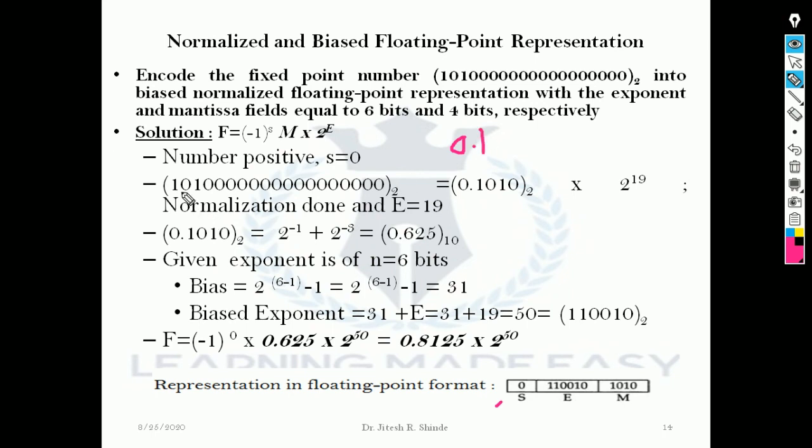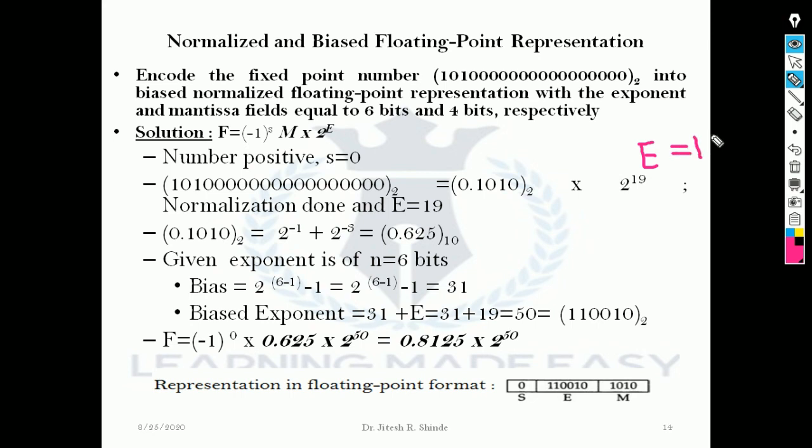So shift this by an appropriate number of bits towards the right-hand side. The answer we get is 0.1010 to the base 2 into 2 to the power 19. How many bits are allocated for the mantissa? 4 bits, so these 4 bits are copied here in the mantissa part. So the sign bit and mantissa are written. Now E is equal to 19.